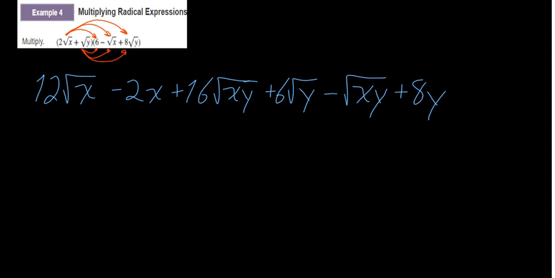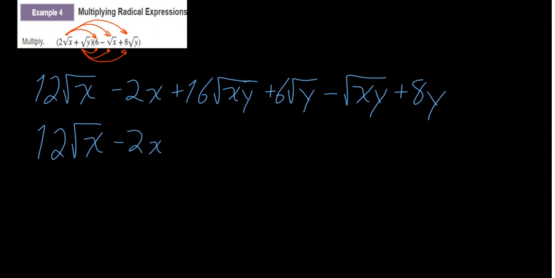All right, we're going to combine like terms here. It looks like we have one like term. This 12 on the square root of x stays all by its lonesome. Minus 2x stays by its lonesome.